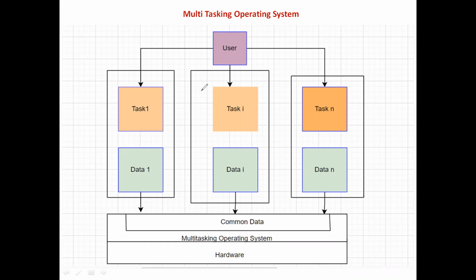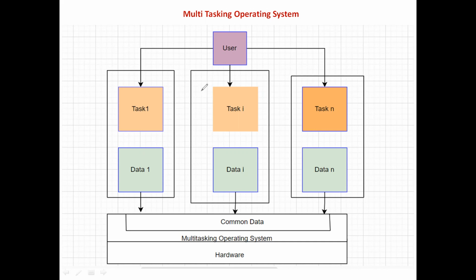In a multitasking operating system, these different tasks cooperate to share common data. All these tasks are functioning to fulfill the requirements of the single user, so they are cooperating and communicating with each other.